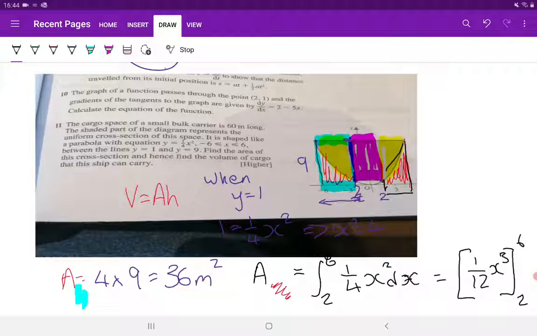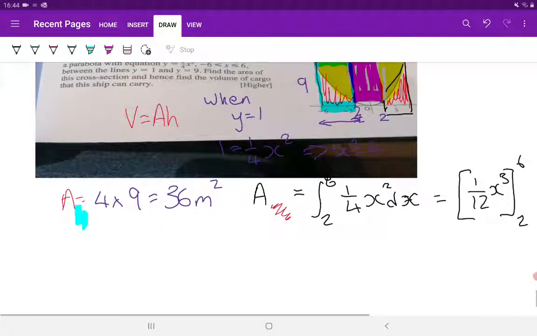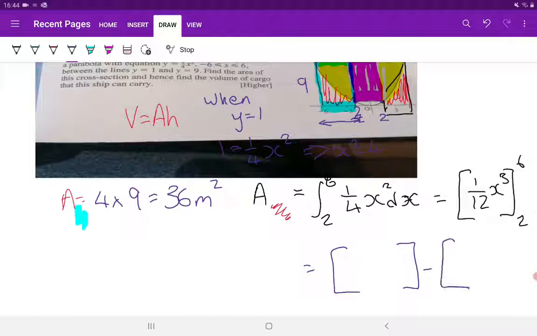Hopefully that makes sense. So what you're now going to have to do is substitute in for 2 and for 6. When we put 6 in, we're going to have 6 cubed over 12, and when we put 2 in, we're going to have 2 cubed over 12. And we'll get an answer.